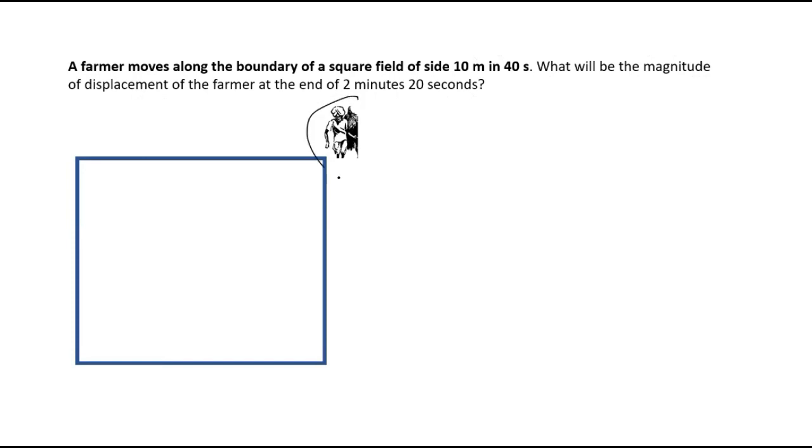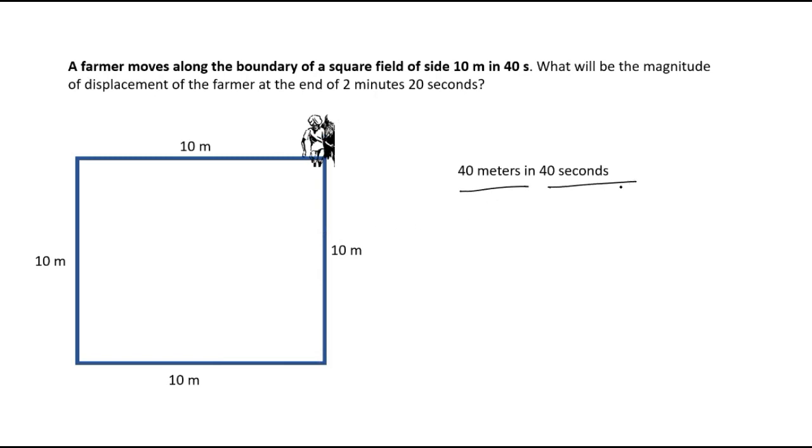So we'll go ahead now. The farmer will be able to move along the boundary of the square field of 10 meters in how much time? 40 seconds. So one round, 40 seconds. Suppose he starts moving and completes one round, with each side 10 meters, he will be covering 40 meters in 40 seconds.